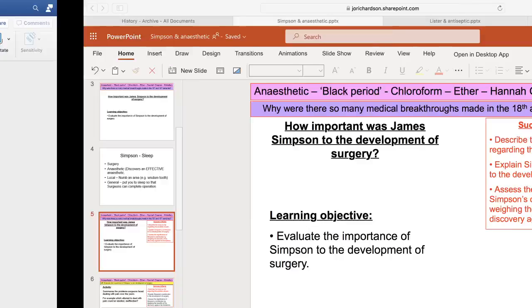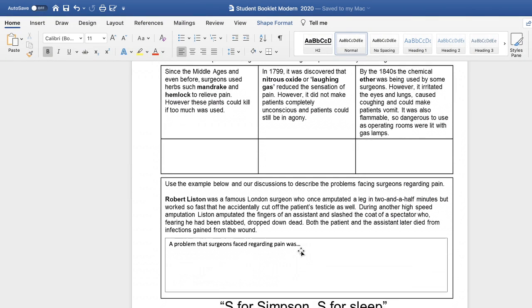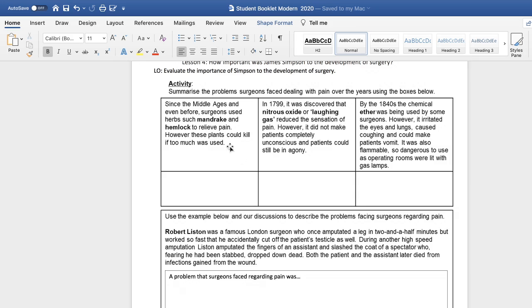The first thing you have to do in this very easy lesson is summarise the problems that surgeons faced dealing with pain over the years using the boxes below. Think about what the issues were with what they were using before. In the Middle Ages, people used herbs such as mandrake and hemlock to relieve pain. However, these plants could kill if too much was used.